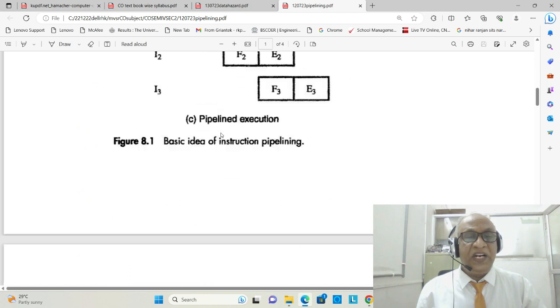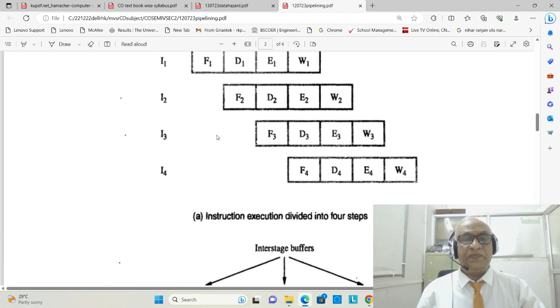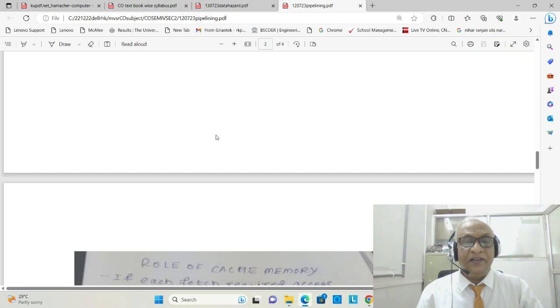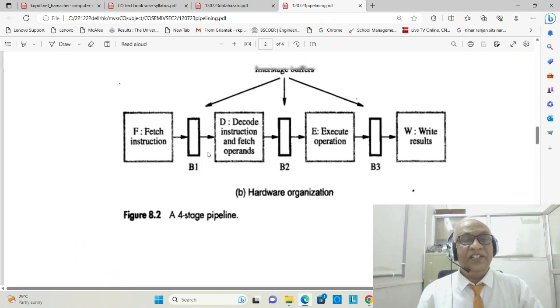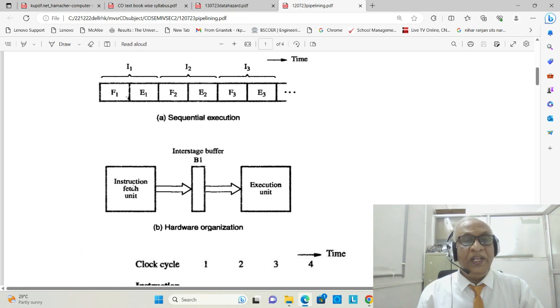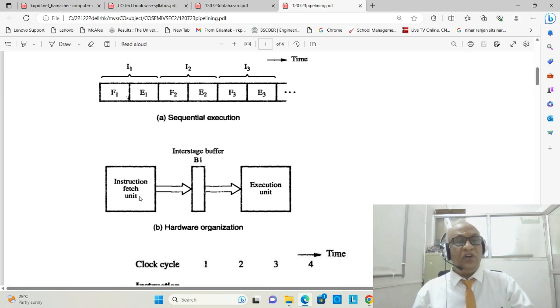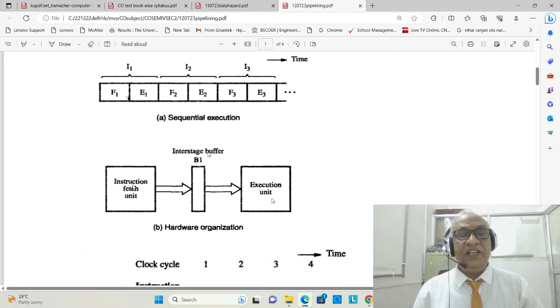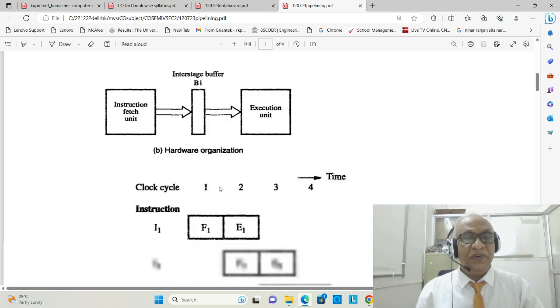These diagrams we had referred to understand the concept, and we had said there is a two-stage pipeline wherein we'll be having separate hardware for instruction fetch and execution as well as an interstage buffer.